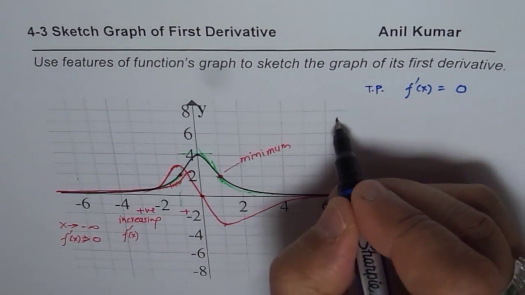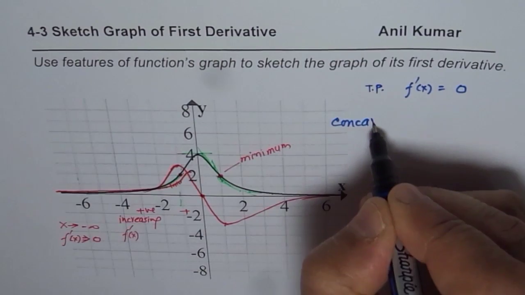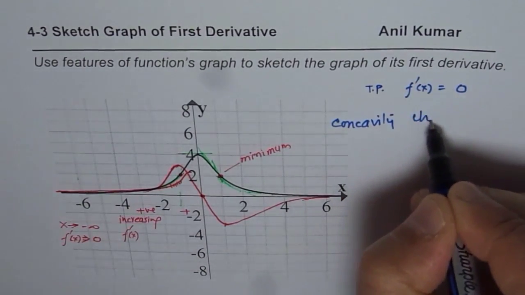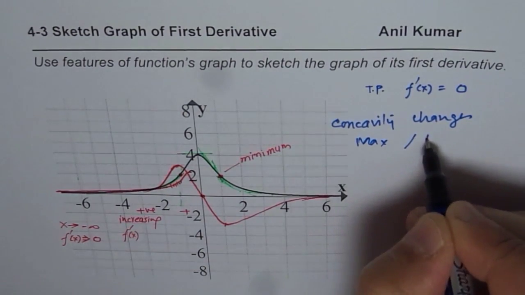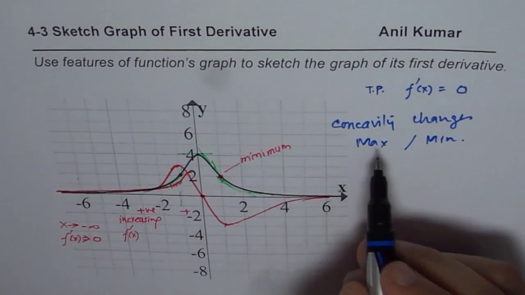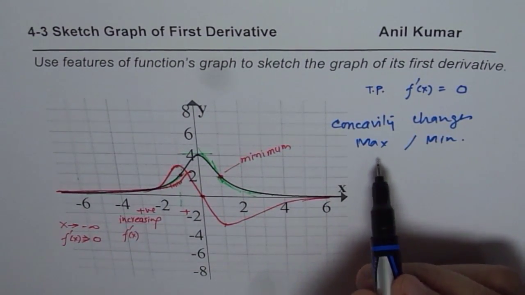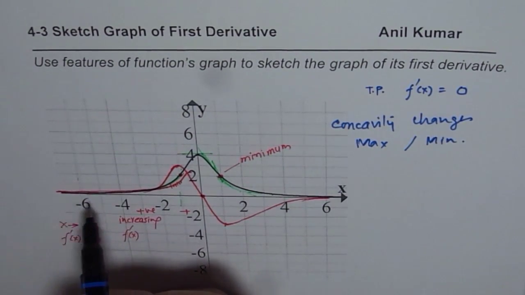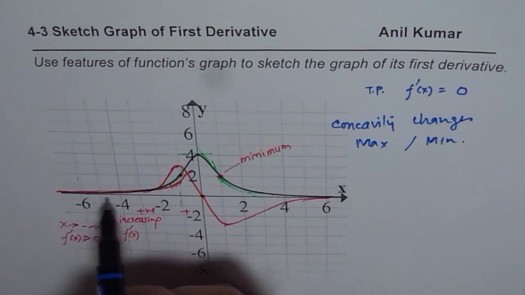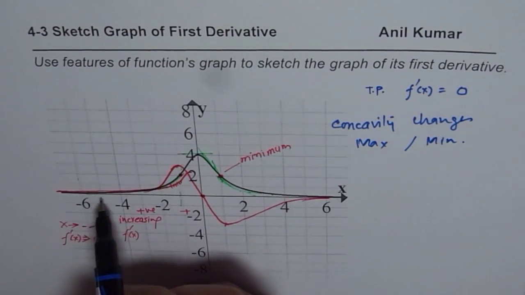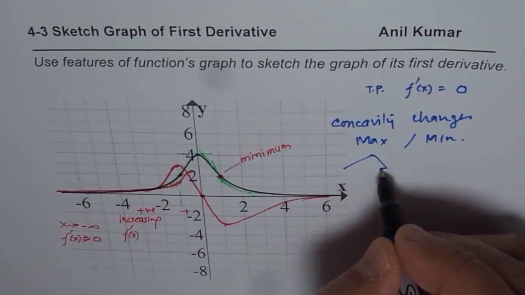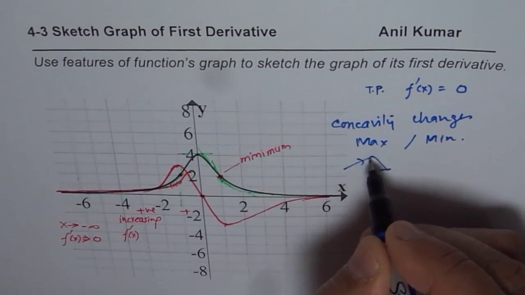So that is one thing. And then whenever concavity changes, we expect a maximum or a minimum. It really depends on how the concavity is changing, right? If the concavity is changing on the positive side, we get a maximum, correct? Because it's like going up and then down, so in that case it is a maximum.